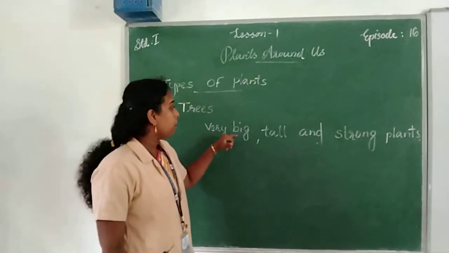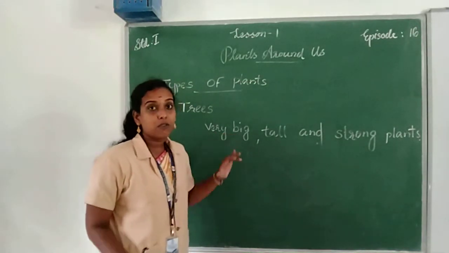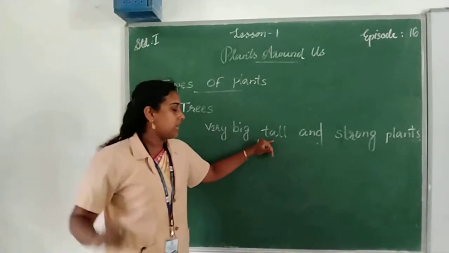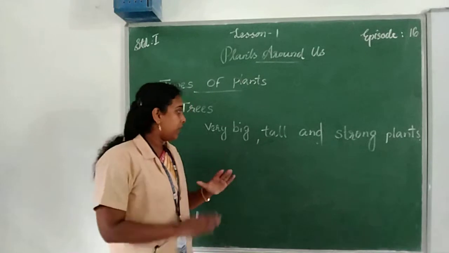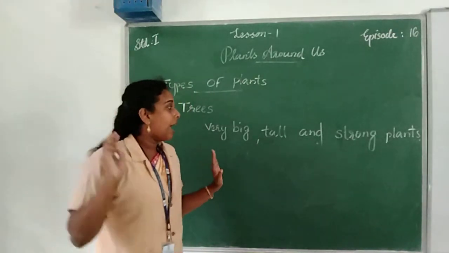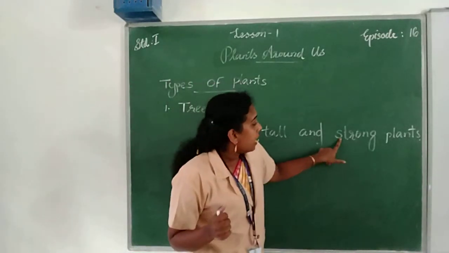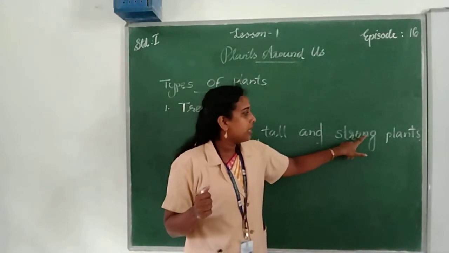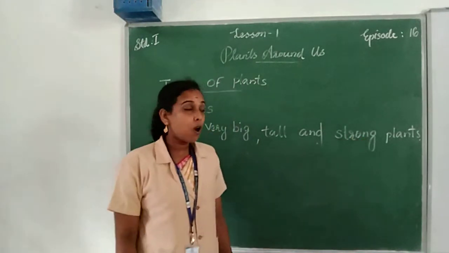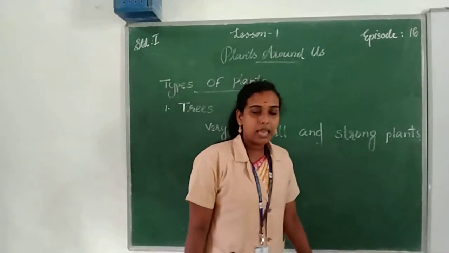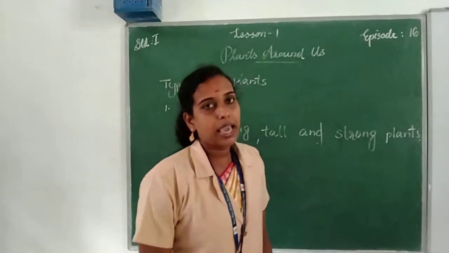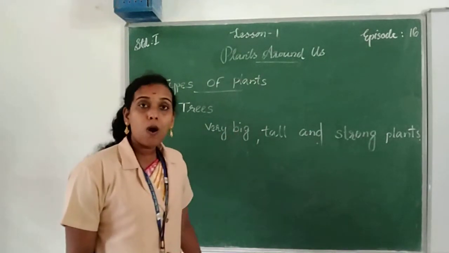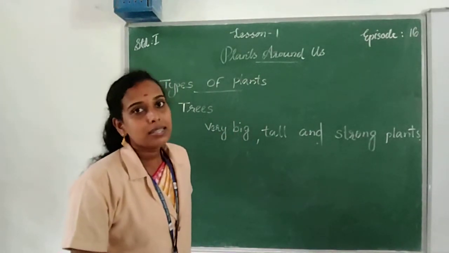Very big, B-I-G, very tall, T-A-L-L, very big, tall and very strong, S-T-R-O-N-G, strong, plants, P-L-A-N-T-S. So very big, tall and strong plants are called trees.